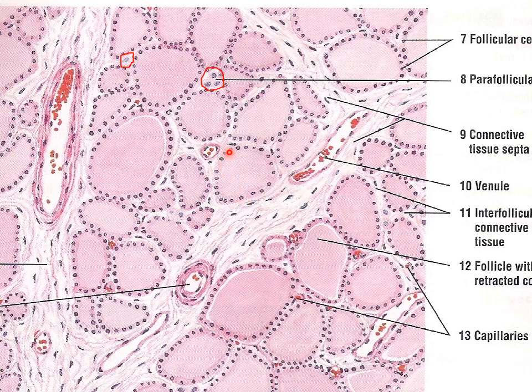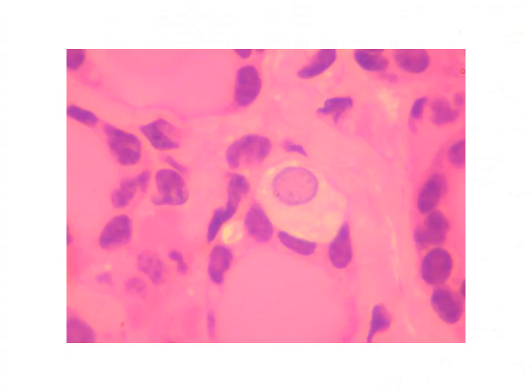They are present within the basement membrane of the follicular cells, either in cluster form or single, and these parafollicular cells are responsible for lowering the calcium level by release of the hormone calcitonin. In the next slide, you can see these present in the basement membrane of the thyroid follicle, in the intermediate areas between multiple thyroid follicles, and they are larger with very lightly staining cytoplasm.